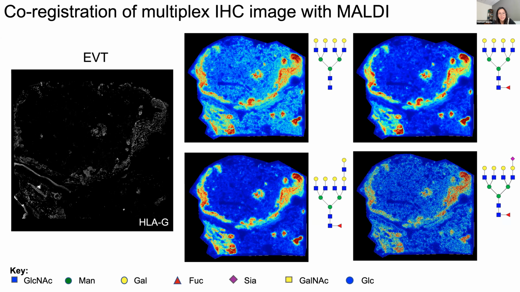You can see that these glycans have very similar structures except for slight variations in fucosylation and sialylation or further extension of the branches, but they are all localizing where the extravillous trophoblasts stain positive. So now we are looking into methods to perform pixel level co-registration and to further infer functional relevance of these branched glycans co-localizing with extravillous trophoblasts.